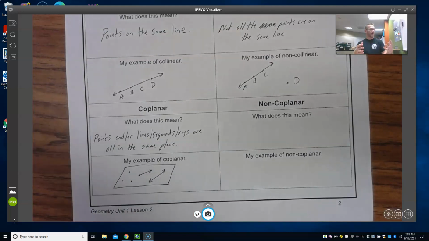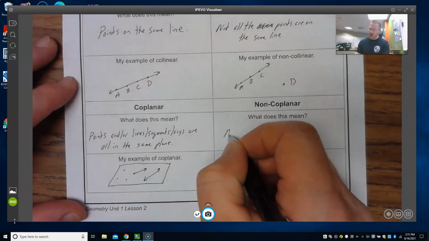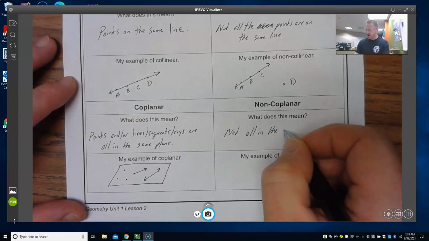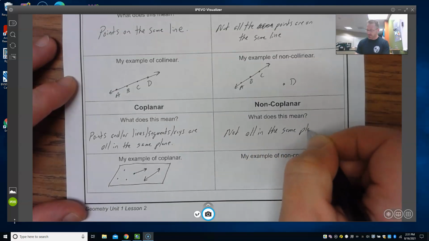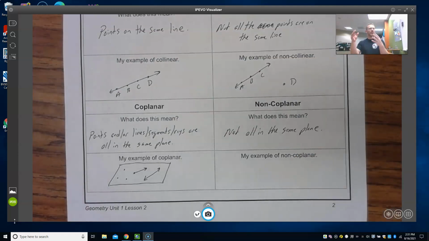So those are coplanar. Non-coplanar means not all in the same plane, whatever you're talking about. The way I think about this is like walls and floors. You may have a picture on one wall, and you might have your shoes on the floor.